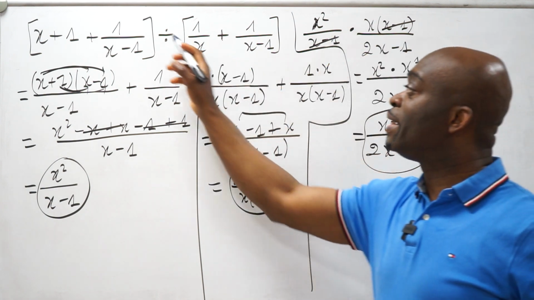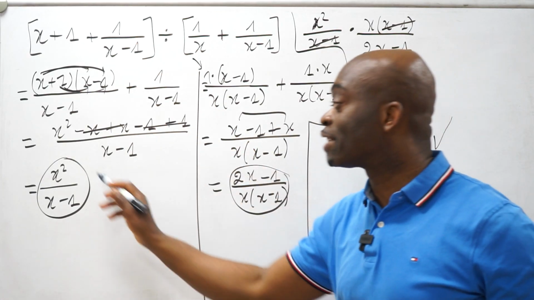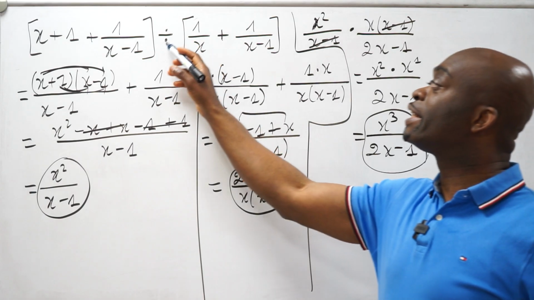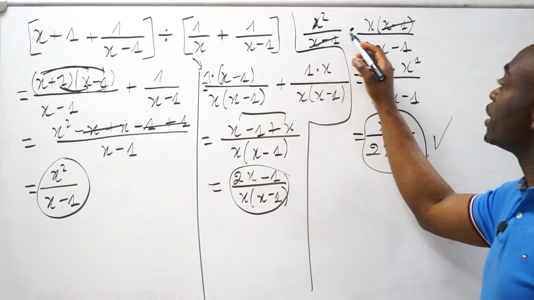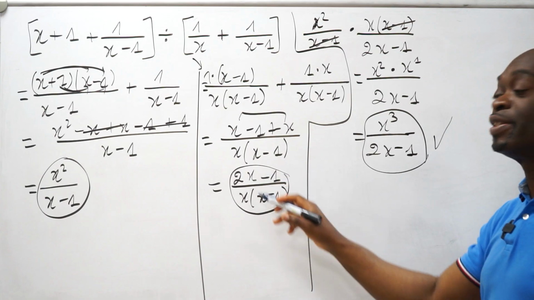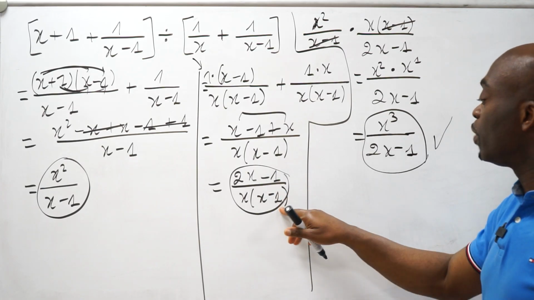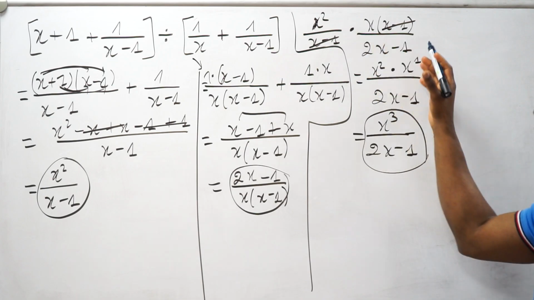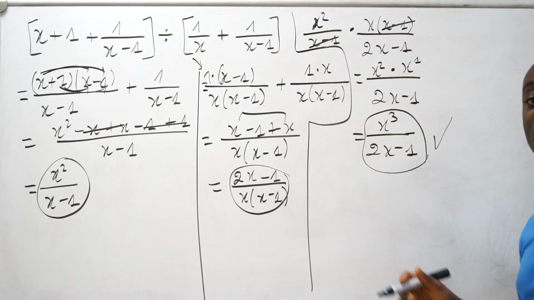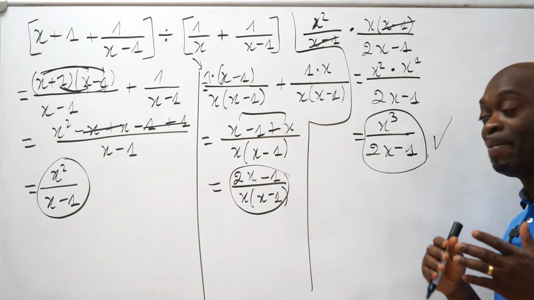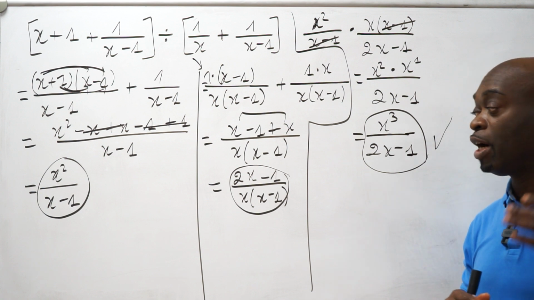Dividing means you keep the first fraction as it is, x squared over x - 1, you change the division to multiplication, and then flip over the second fraction, which is the result we have here. So we end up with x times (x - 1) over 2x - 1. Then we simplify whatever we can, and we end up getting x to the third power divided by 2x - 1. Ladies and gentlemen, we are finished.